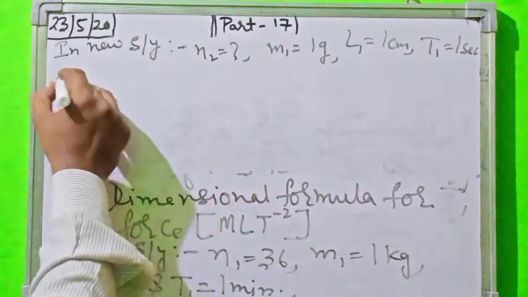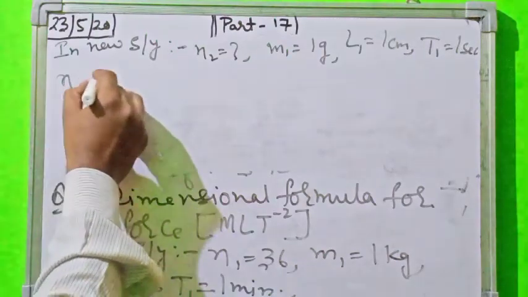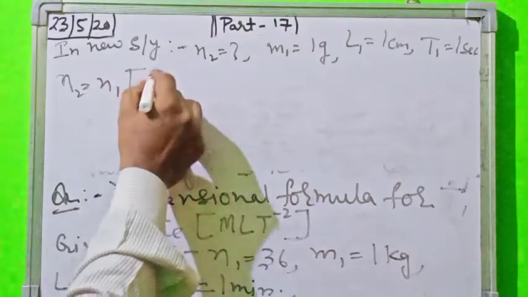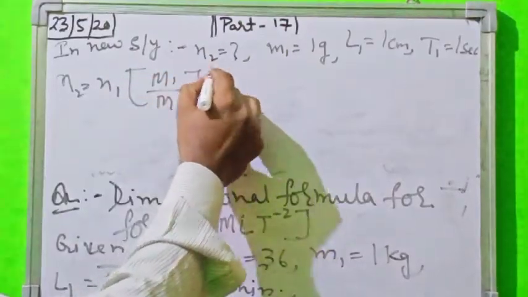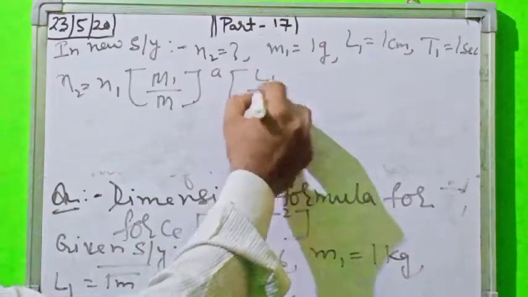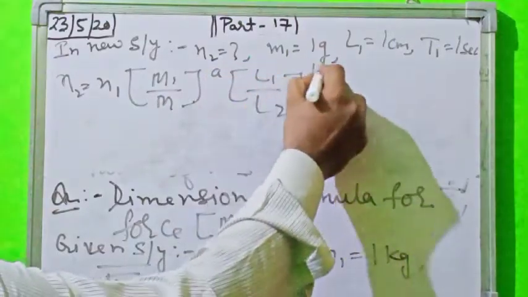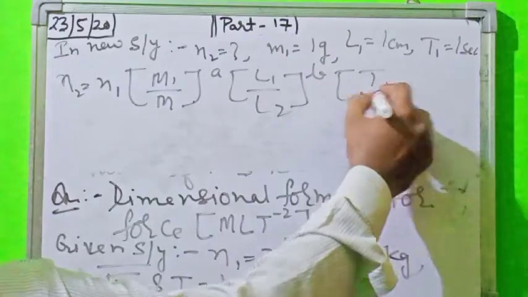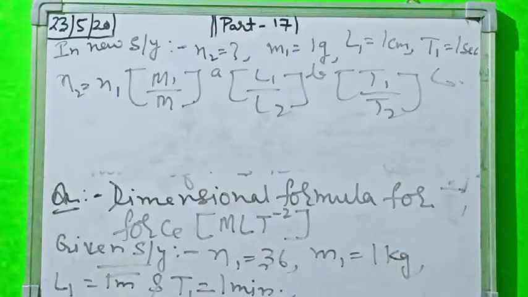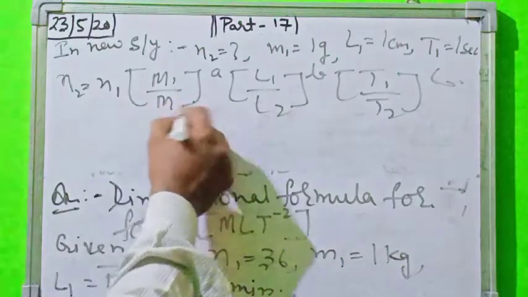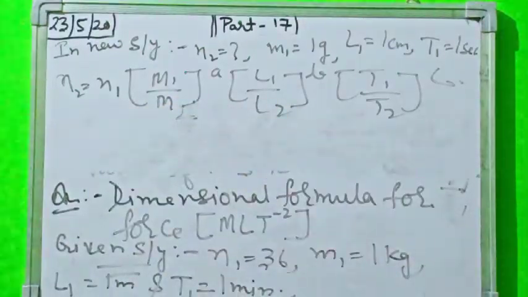So n2 is equal to n1 (m1 upon m2) to the power a, (L1 upon L2) to the power b and (T1 upon T2) to the power c.